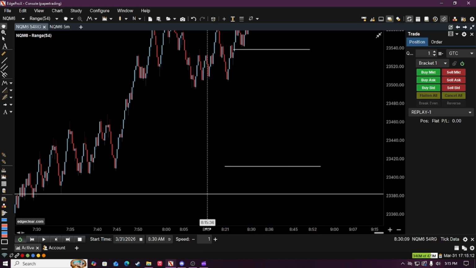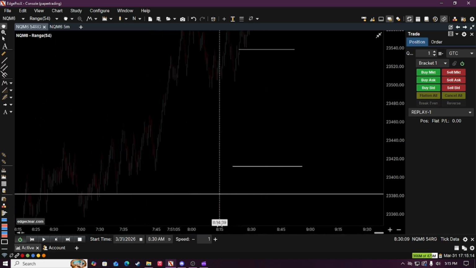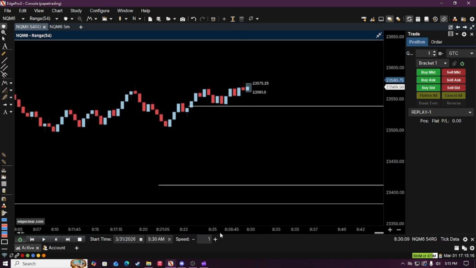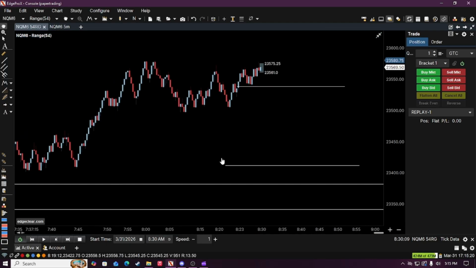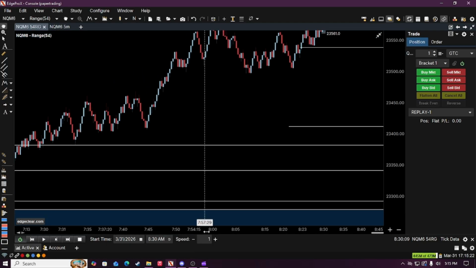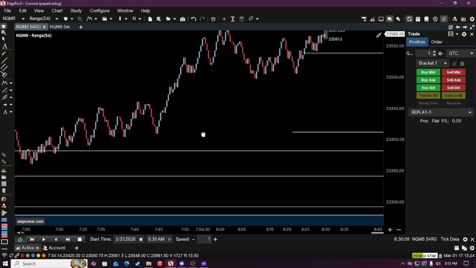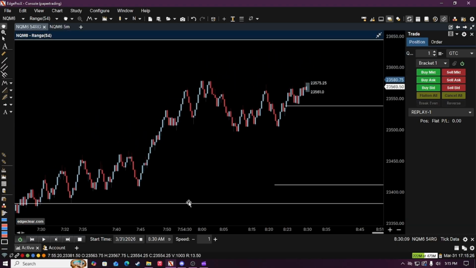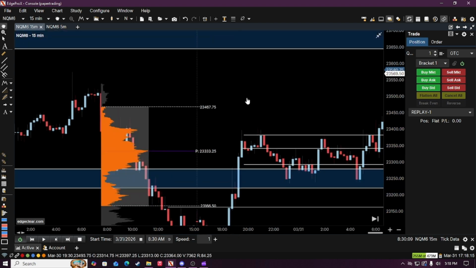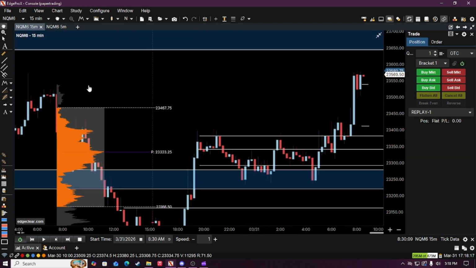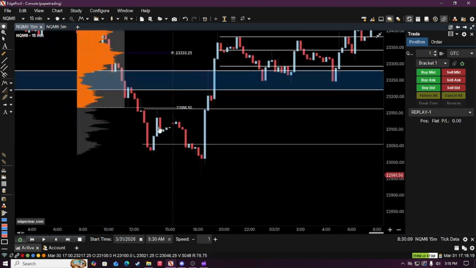As you can see from the cash session of the previous session, this one was the low volume area. So yeah, guys, as you can see, I pretty much found it.